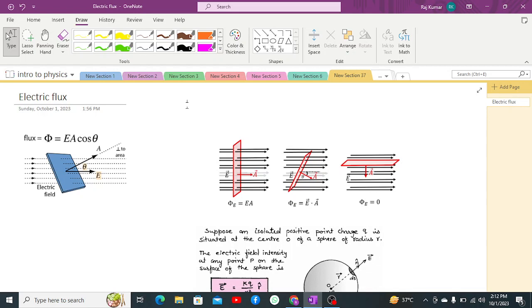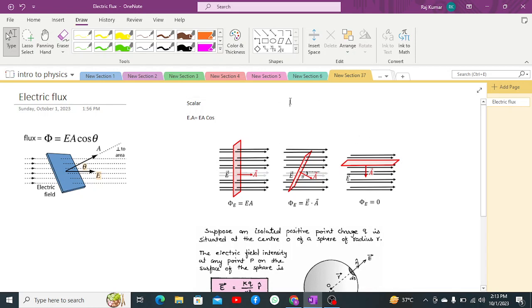And a dot product is always a scalar quantity. E dot A is the dot product, whereas EA cos theta is the magnitude of electric flux.